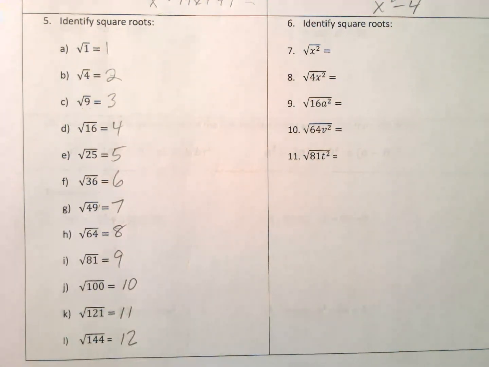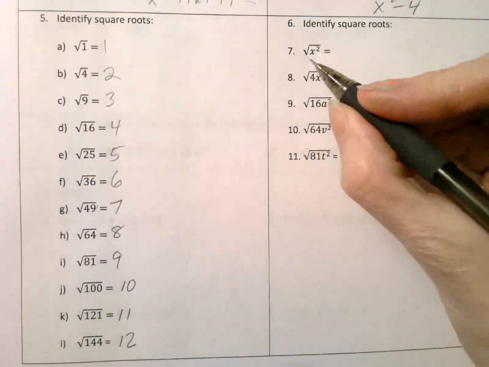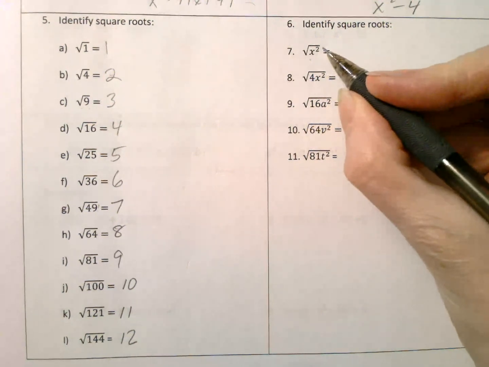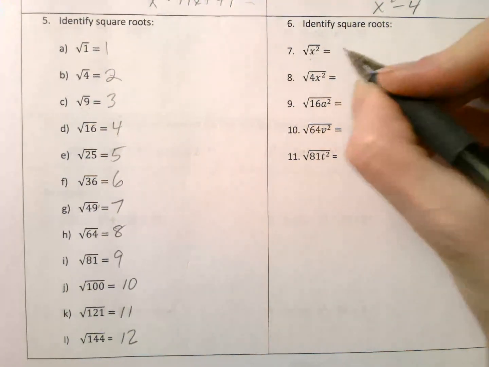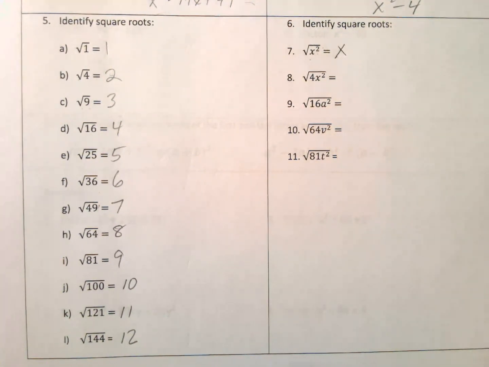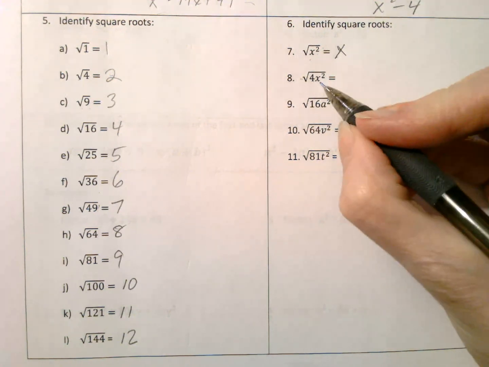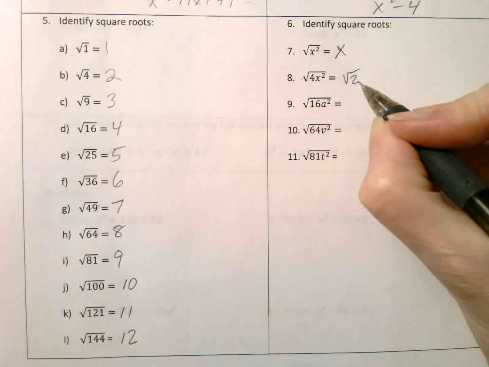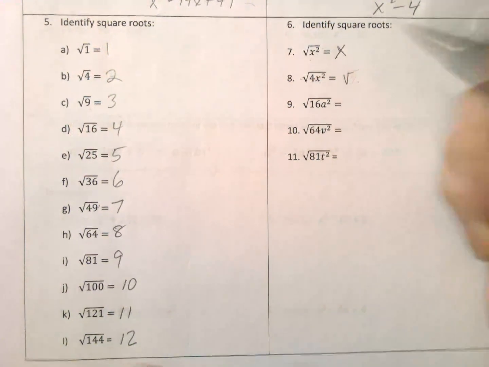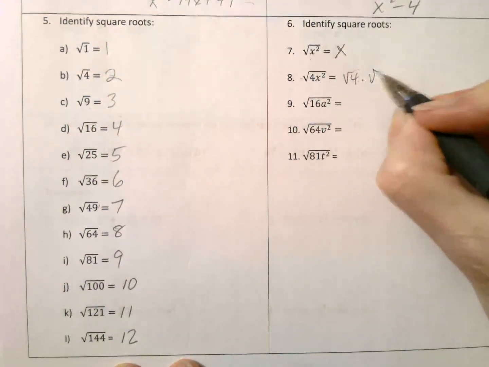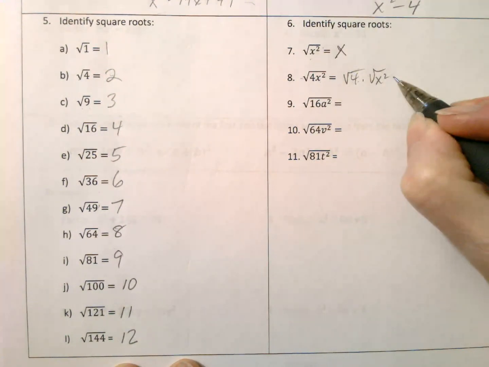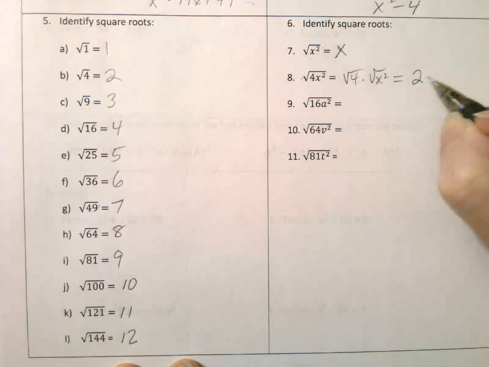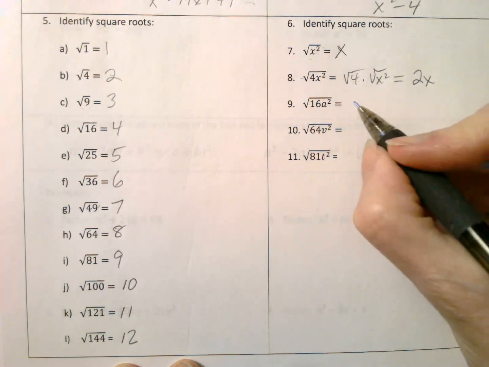So if you want to either figure out how to do it on the calculator or keep these in your notes. And then when you're square rooting an x squared, remember x times x makes x squared, so that's an x. Square root of this is the same as the square root of 4 times the square root of x squared, so this is going to be a 2x, okay?